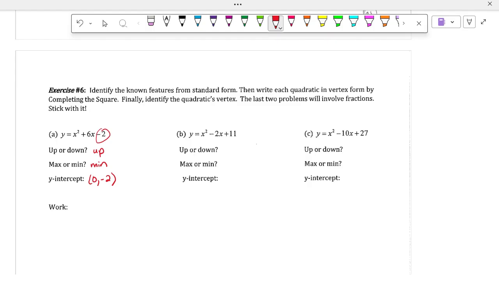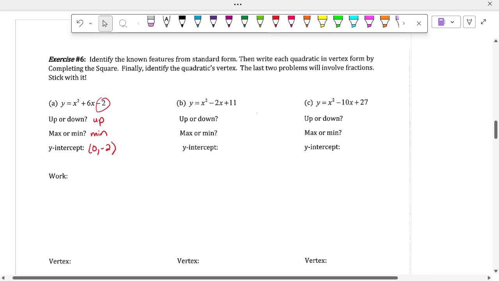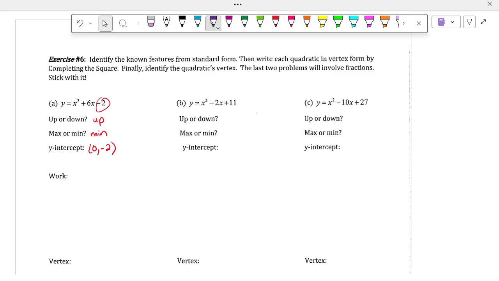Now, we are going to work it out to convert it to vertex form so I can get my vertex. You can still do -b over 2a, but get into the habit of using vertex form because it will help you in other aspects.